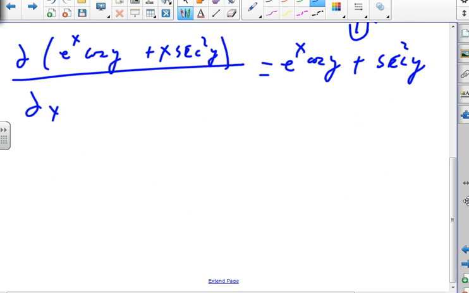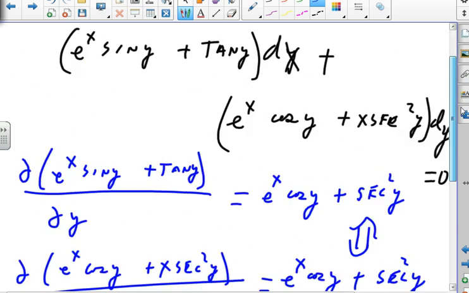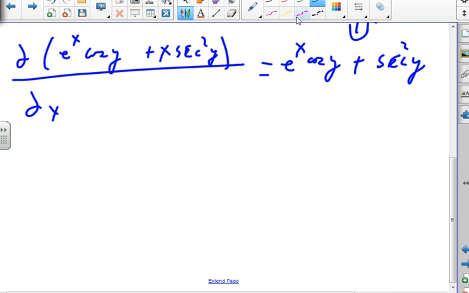Okay, so now I have to ask myself, which one do I want to work on? They both look equally as bad. Okay, so I'm going to look at the partial of the first guy, e to the x sine y plus tangent y.